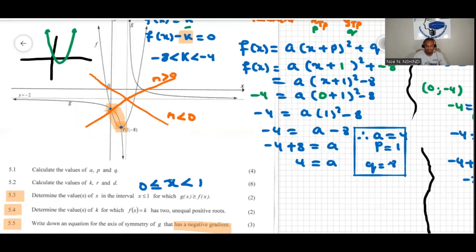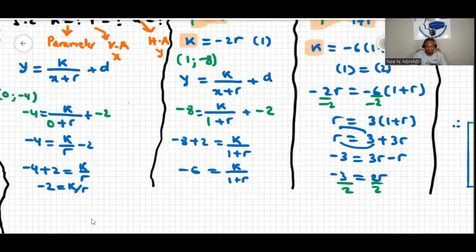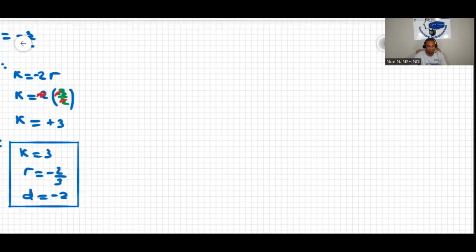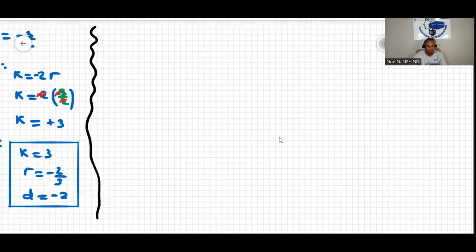Now, we can write these over here. For 5.5, the line of symmetry is y equal to mx plus c, because it's a straight line.